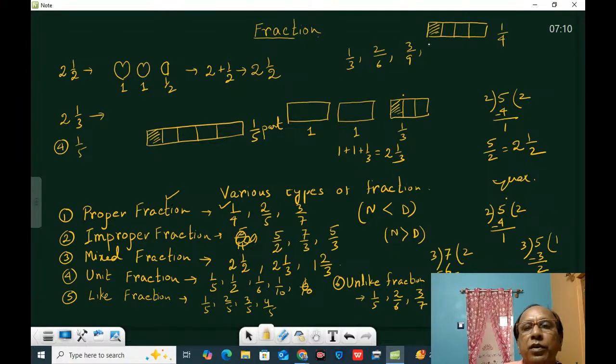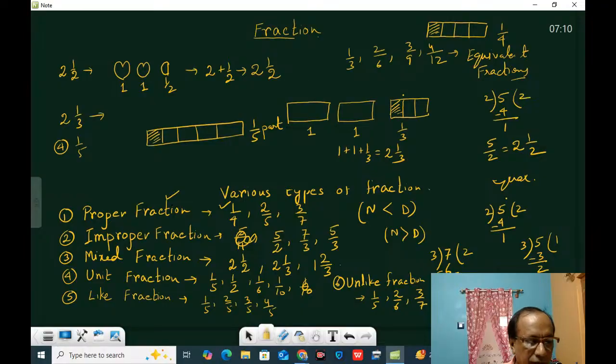Multiply by 4, 4 1s are 4, 4 3s are 12. These are what we call equivalent fractions. You have to draw all the figures to have a clear idea about equivalent fractions, right? In this way, we can get all the equivalent fractions.